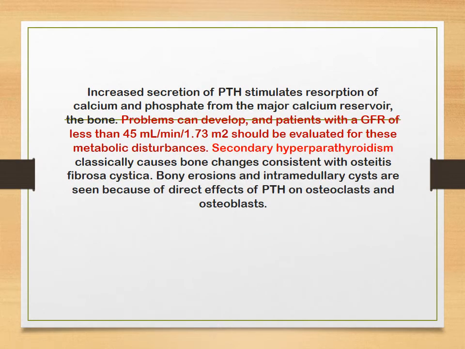The released calcium and phosphate cannot correct the condition because a major amount of the released calcium from the bone will be excreted into the urine, resulting in what? Secondary hyperparathyroidism, still hypocalcemia with bony erosion, and intramedullary cysts are seen on X-ray.